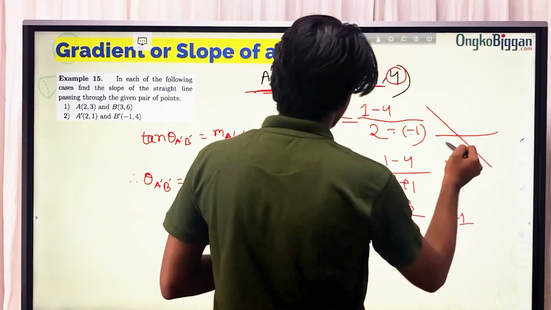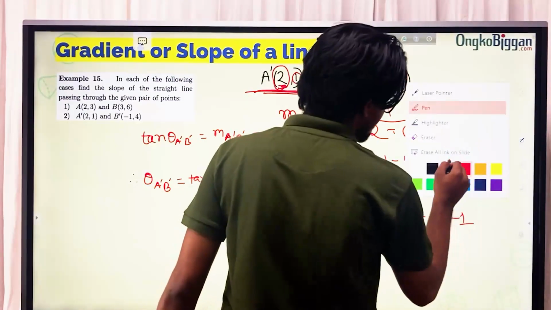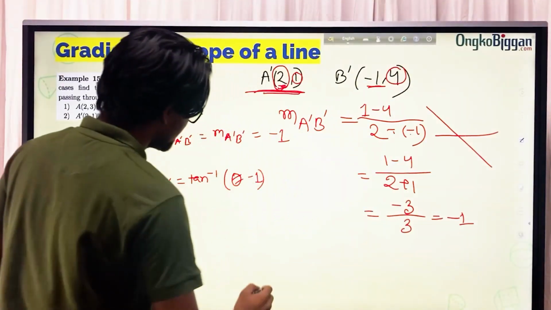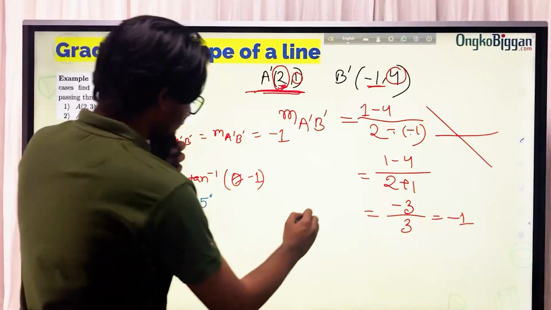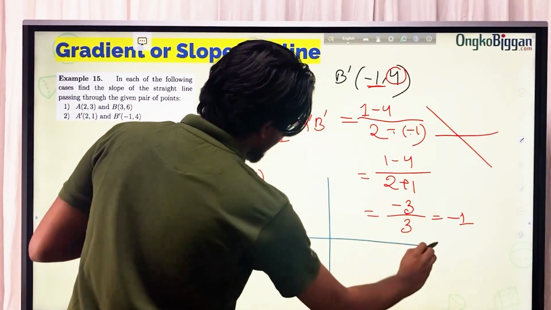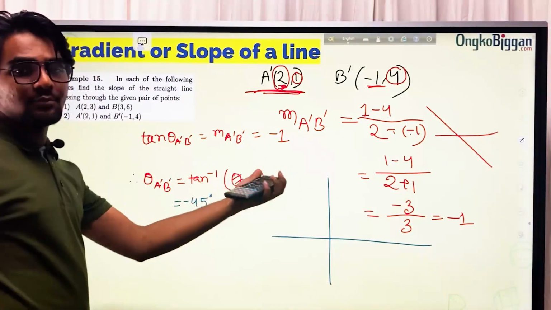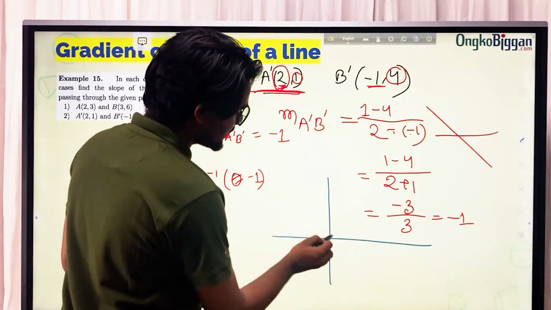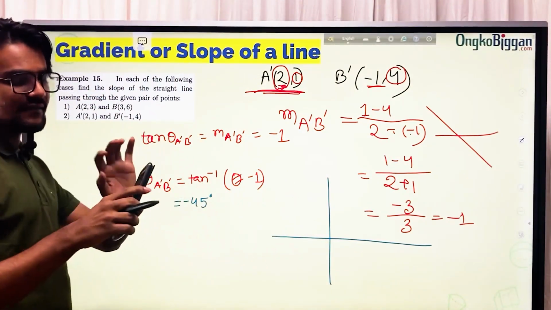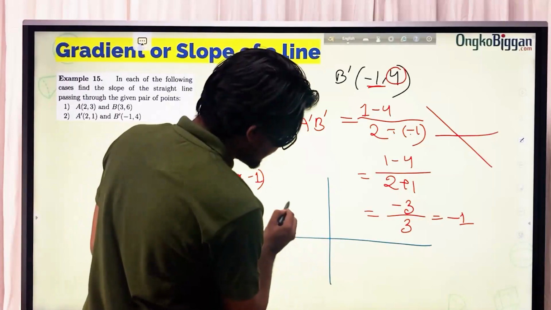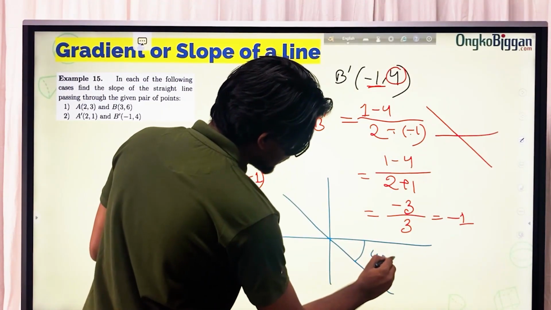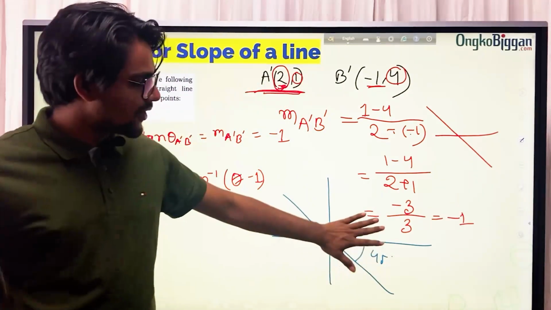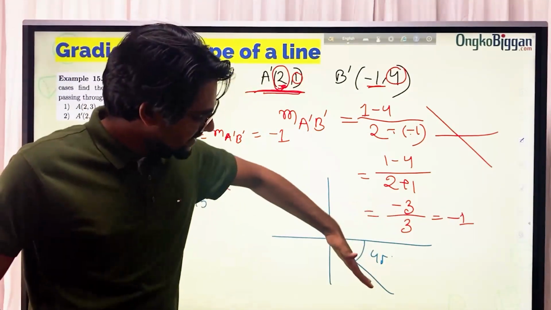Let me show you what it means. So it gives minus 45 degrees. If this is the axis, the calculator is giving minus 45 degrees, which means it actually creates a 45 degree angle with the x-axis, but in the negative direction.